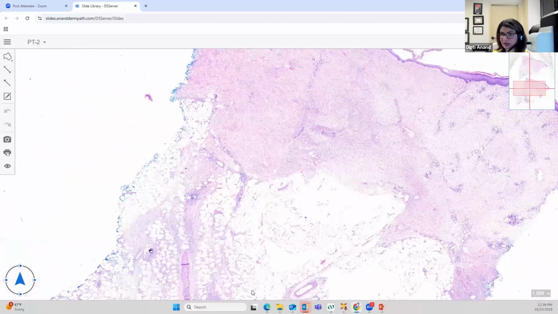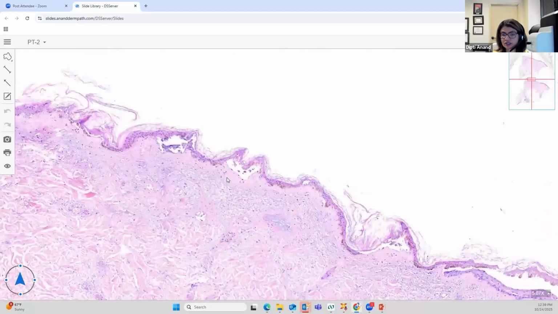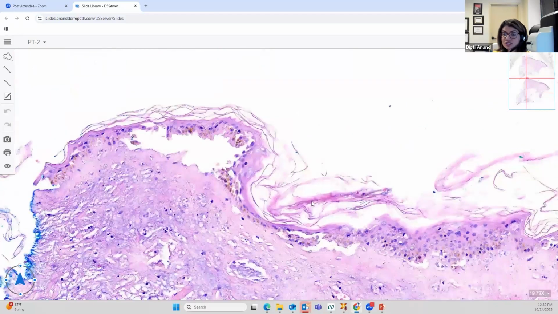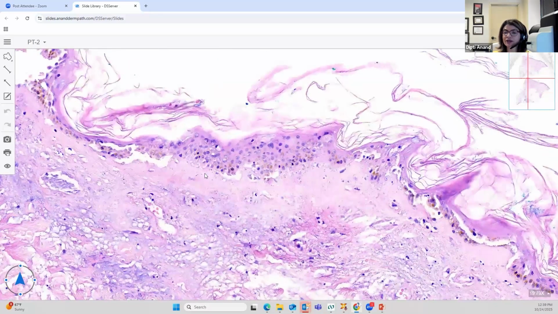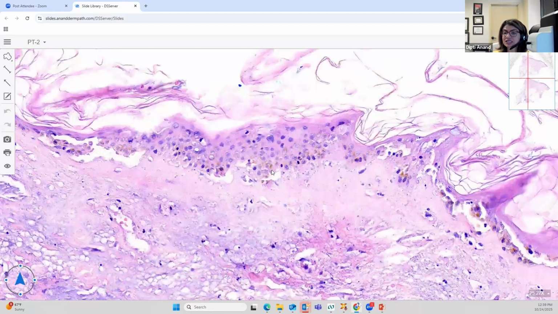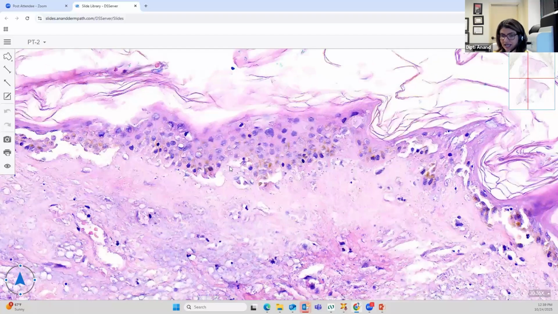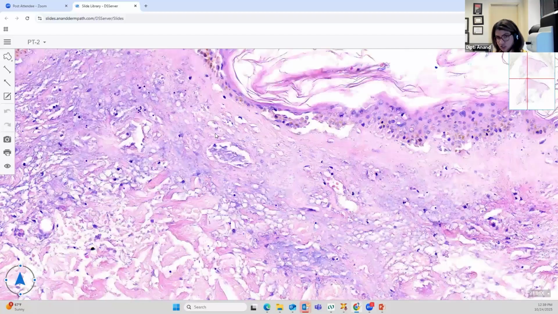You not only recognize it by the dead fat, you also recognize it by the ischemic epidermal necrosis. When the epidermis loses its pallor, this is called coagulative necrosis. This is what you would see whenever anything is involving the vessel. So what you see in here, there is loss of pallor of the epidermis, it's dying, and then you see the dermis is also dying.